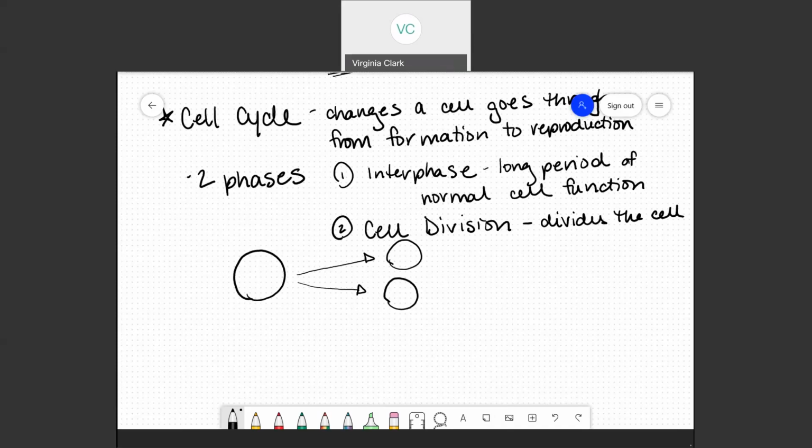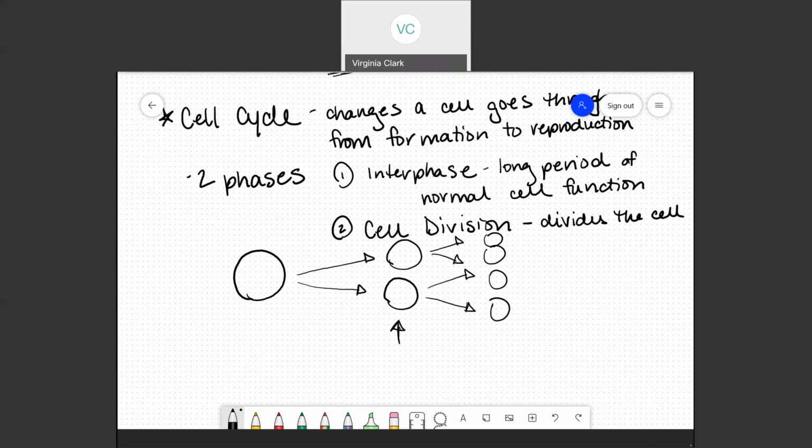These two cells will do their normal everyday interphase, and then they will produce two cells. So you'll notice that these cells were not born, they were produced, they were formed, and then these cells right here did not die, they split to create new ones. So this is not a cell cycle of life or death, it's a cell cycle from formation to reproduction.